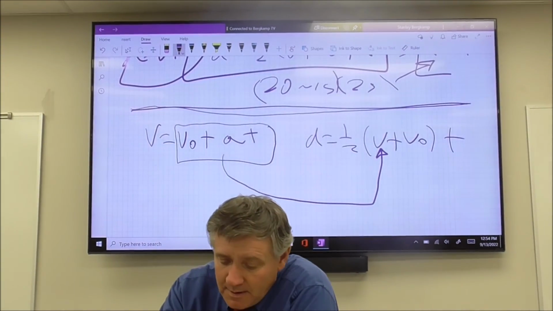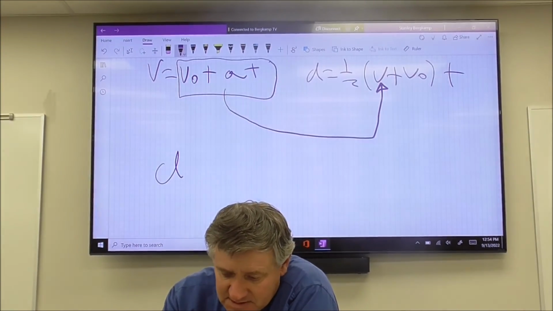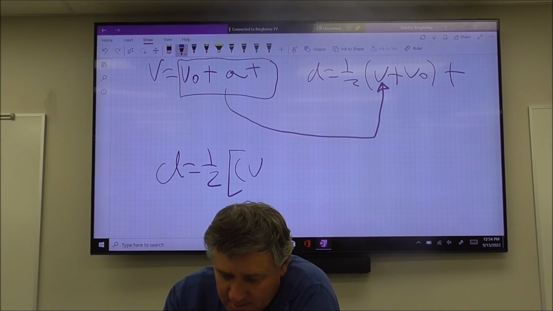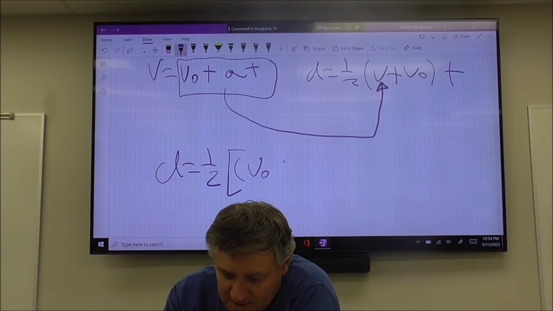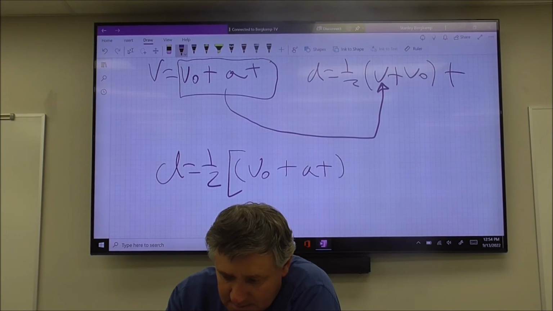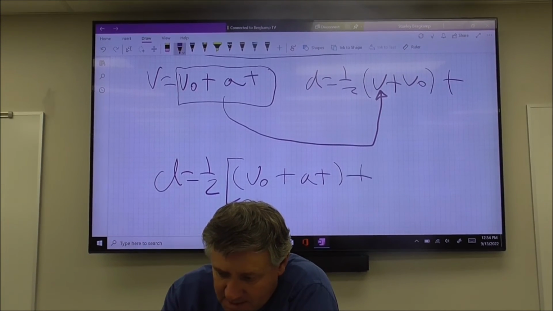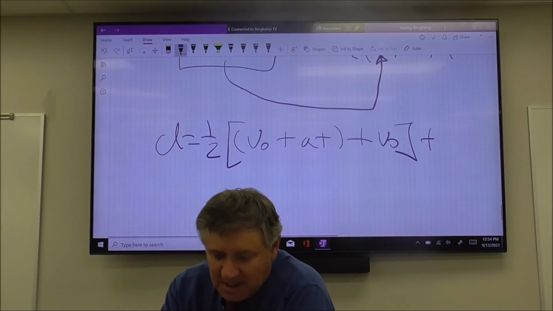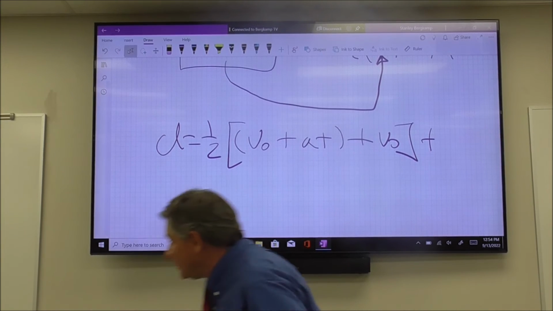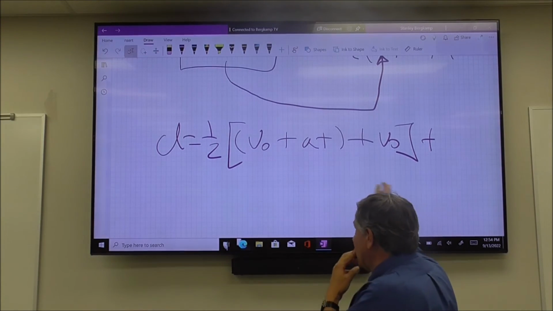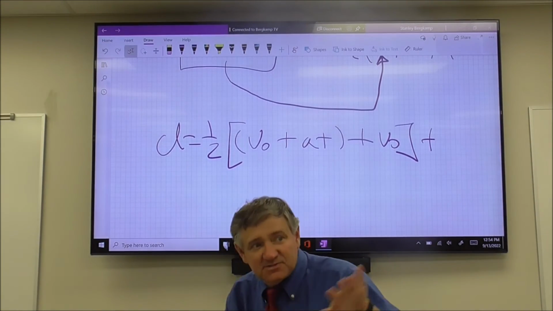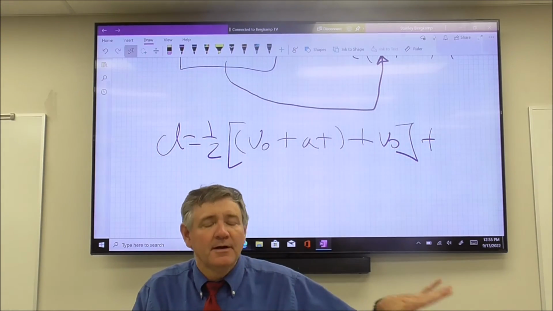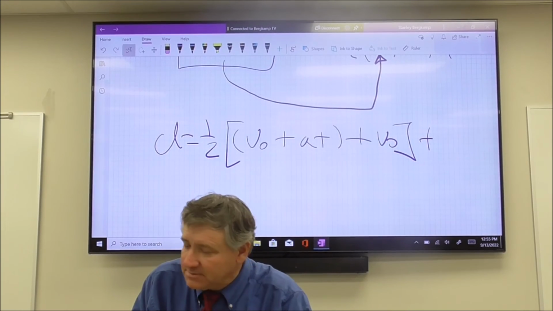So I'm going to have distance equals 1/2 (v naught plus at, then plus v naught), and all of that times time. Okay? So, at this point, this is a huge monstrosity of an equation that has no beauty whatsoever. But we can combine some terms.